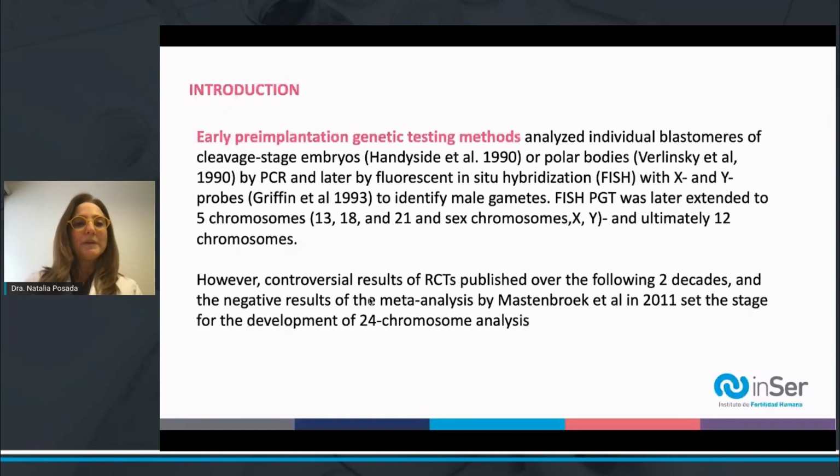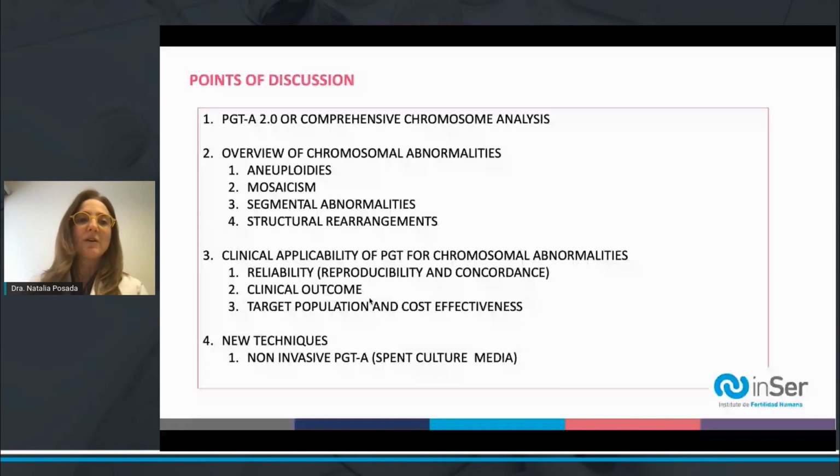So today we'll be discussing PGT-A 2.0, that's how it's called today, or comprehensive chromosome analysis.